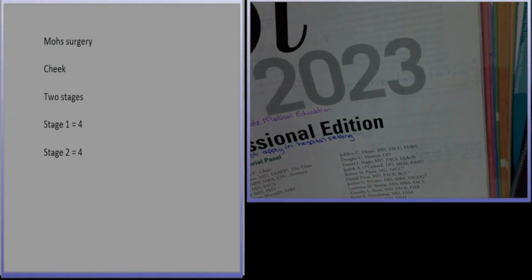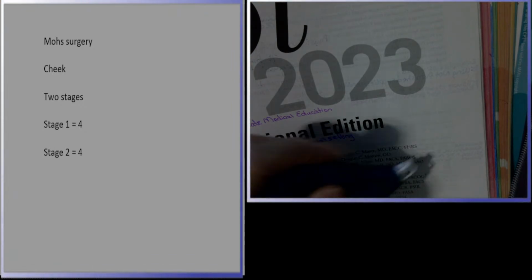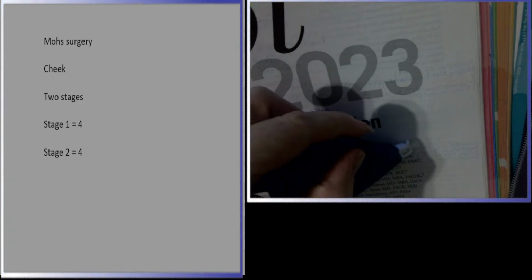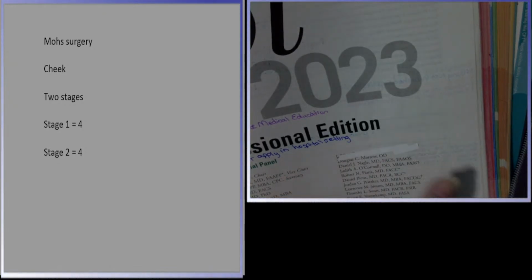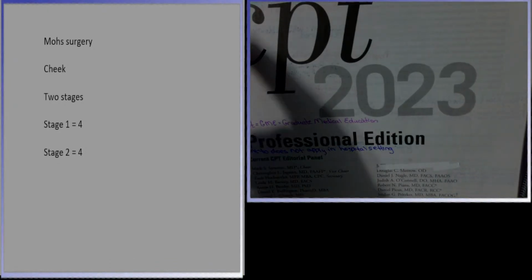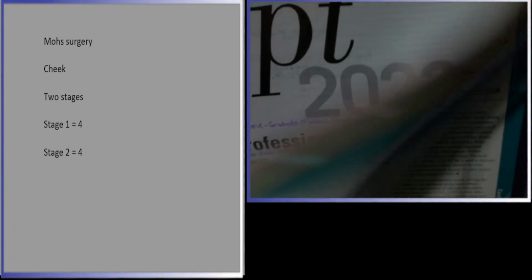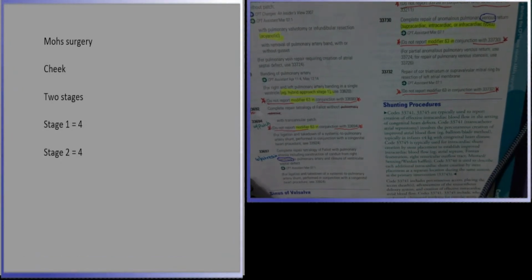I don't need to know who wrote the book, but I have a bunch of notes I want to write here. You can't go through there for the exam and white out these people's names and then write over the top of it the notes you want. You have to write around. See how I'm writing around the print? Any available white space on the pages, you can write whatever you want for any of the exams.